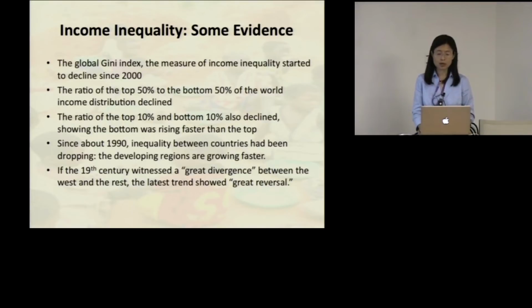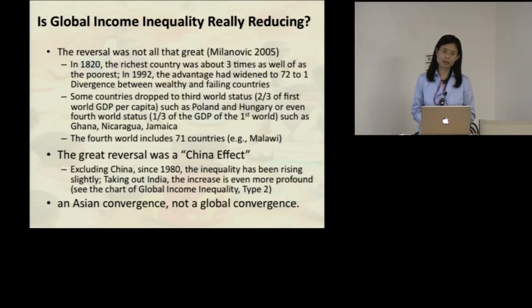Not everybody agrees with that conclusion. They use a different set of numbers to back their argument. Some people say, in 1820, the richest country was about 3 times as rich as the poorest country. In 1992, this advantage has widened to 72 to 1.